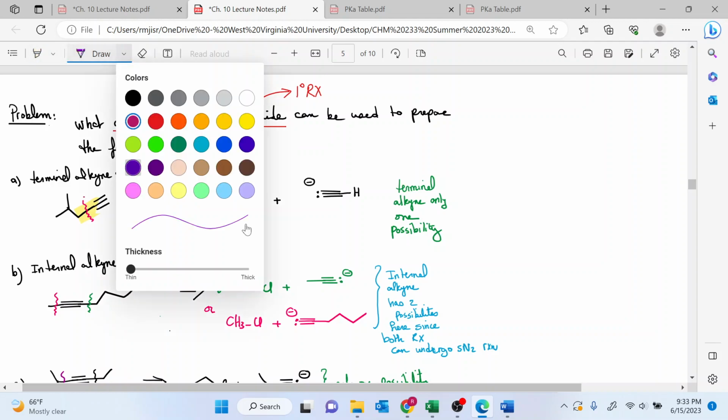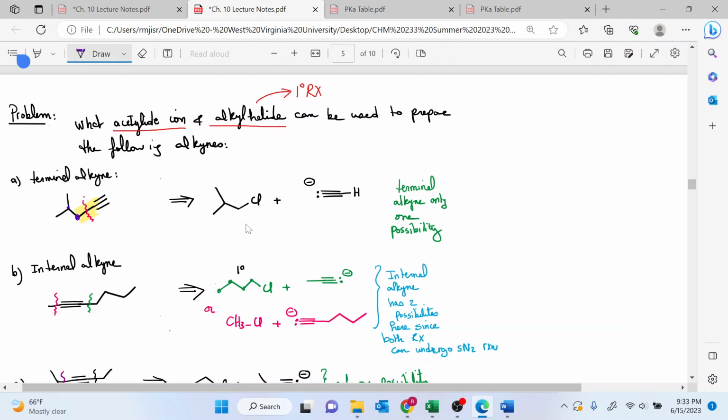Make sure that it is a primary alkyl halide and count your carbons. So over here, I do have 1, 2, 3, and 4 carbons. This is a carbon in there. So this is going to be 1, 2, 3, and 4 carbons. This is a primary alkyl halide, so I can use this side to be my alkyl halide. And the other side over here is going to be my acetylide.